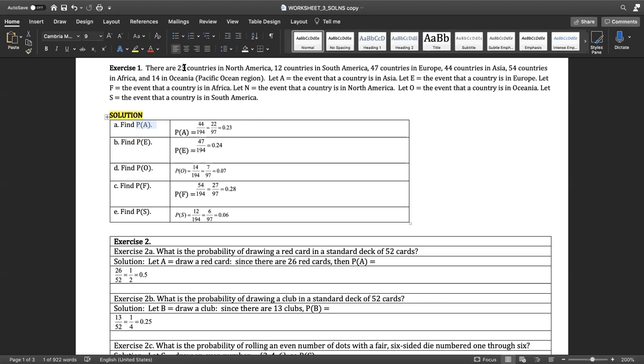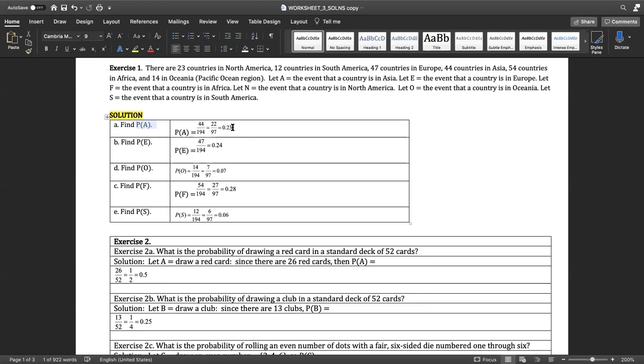So if you were to add up 23, 12, 47, and so on across all these different regions, you would get our denominator here, which is the sum total. Okay, 44 over 194, round that to 2 places and you get 0.23. Or as I said, you can leave it as a fraction if you want.